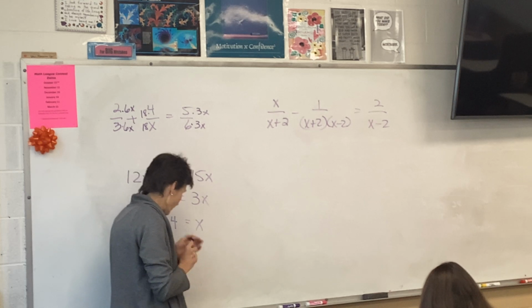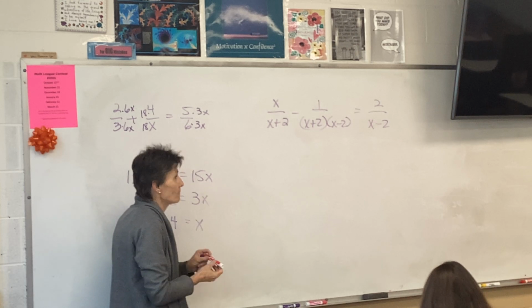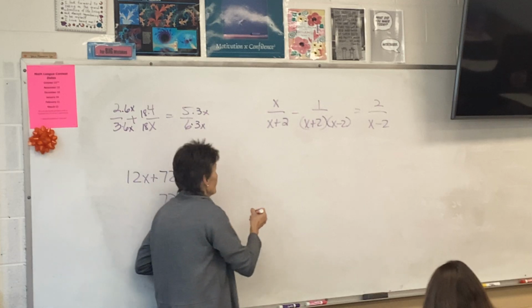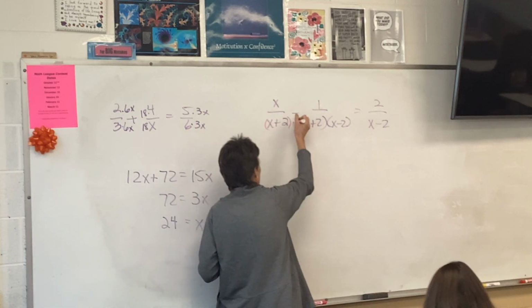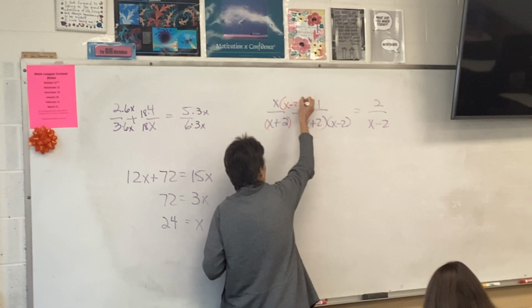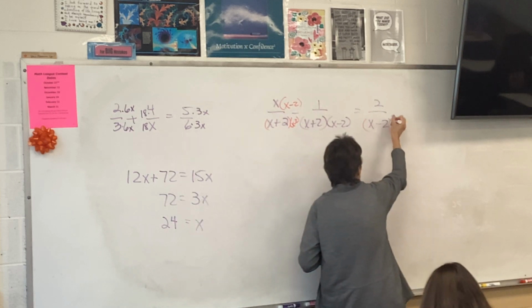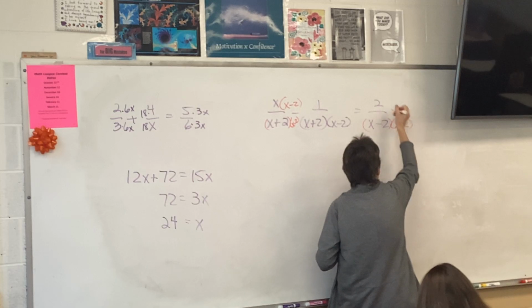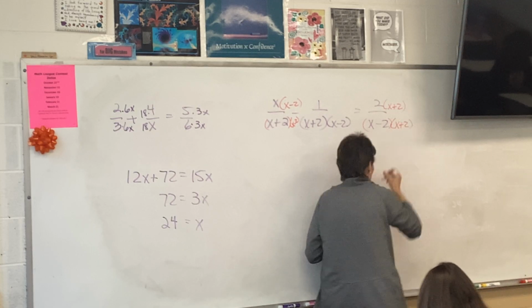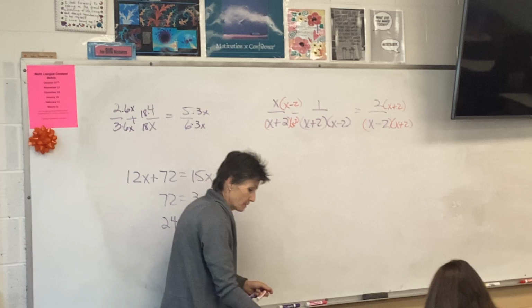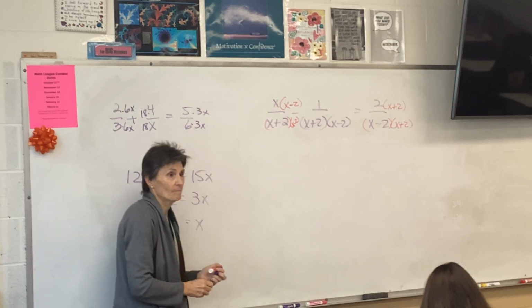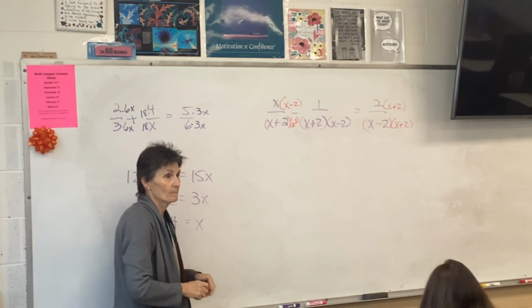Okay, now what? Common denominator, which will be x plus 2, x minus 2. Does that make sense to everyone?